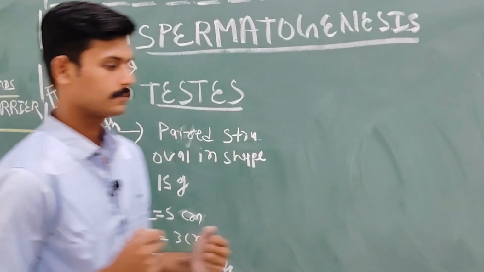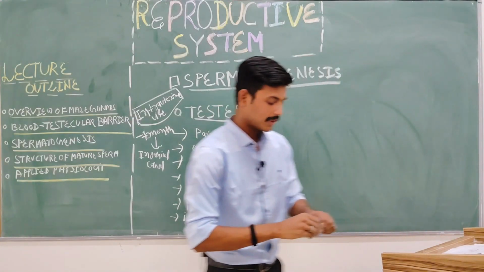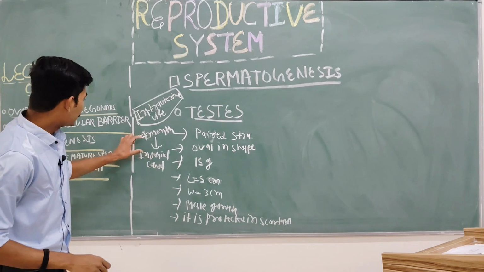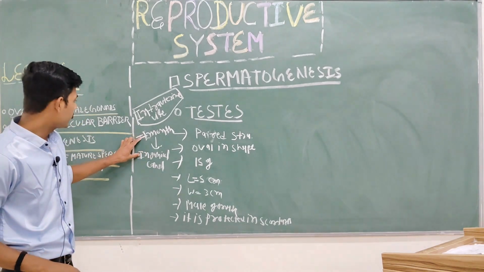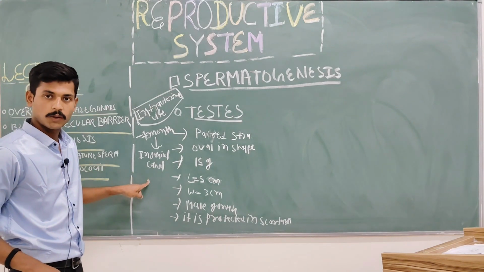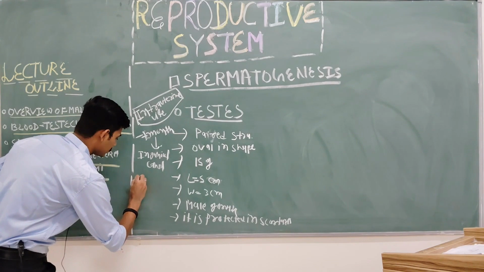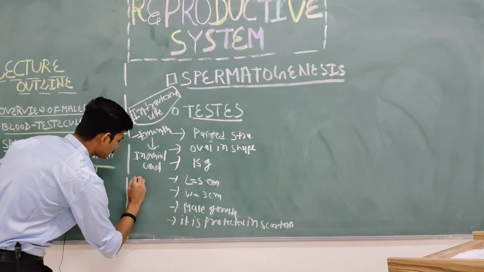And sometimes, you know, things do not always go normally. So sometimes there is a failure in the descent of the testes into the scrotum, and that condition is called cryptorchidism. Write it down.